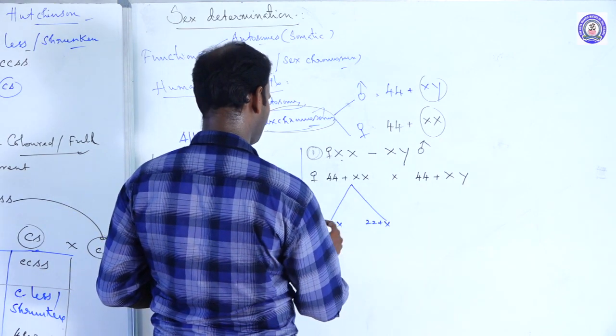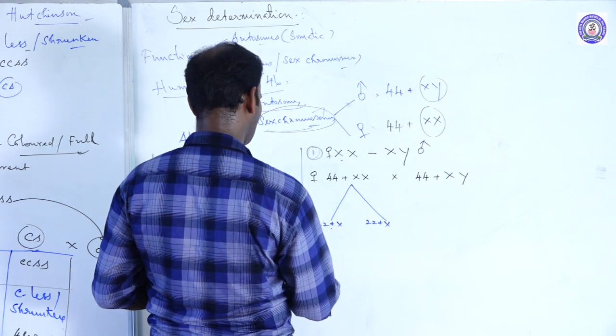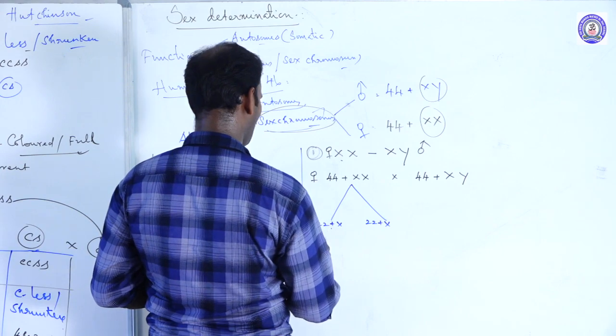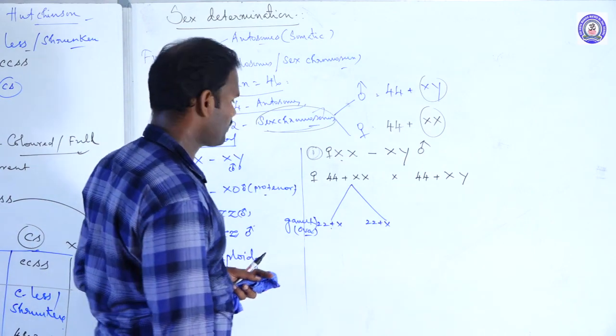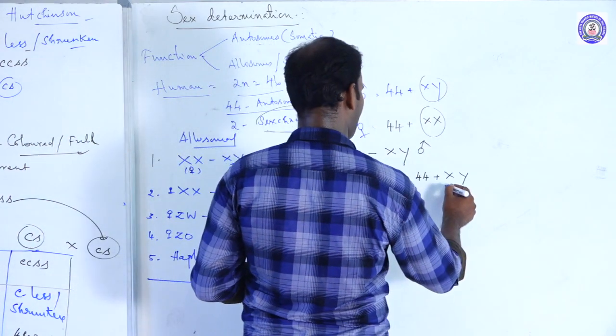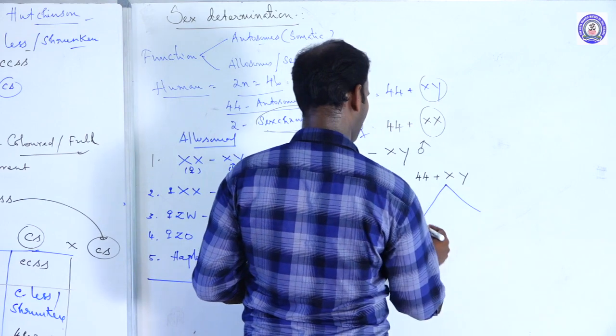So these are the gametes, I mean ova, the female gamete. In male, two types of sperms are formed.